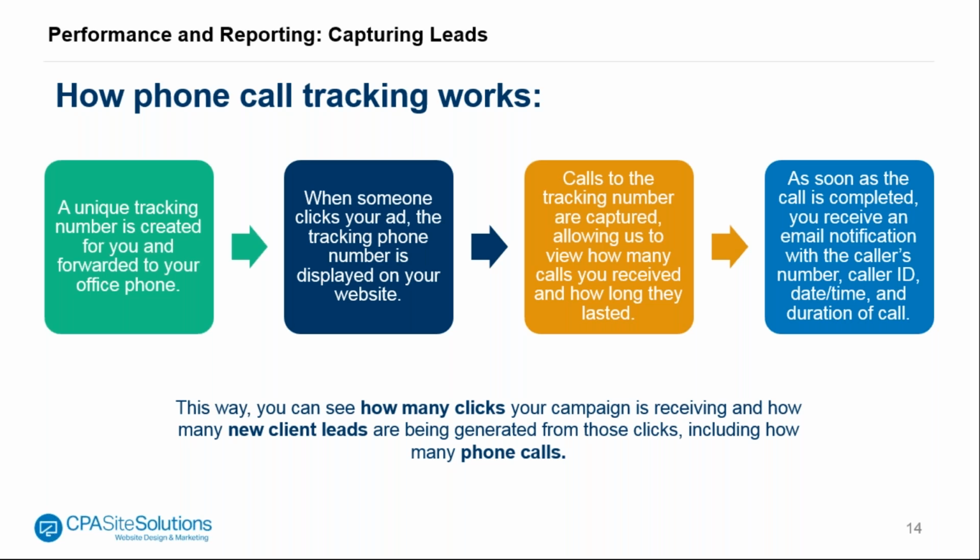As soon as the call is completed, you can receive an email notification with the caller's number, caller ID, date and time, and duration of call. So really you're getting information on all of the leads that you're getting. That way you can see how many clicks your campaign is receiving and how many new client leads are being generated from those clicks, including the phone calls.